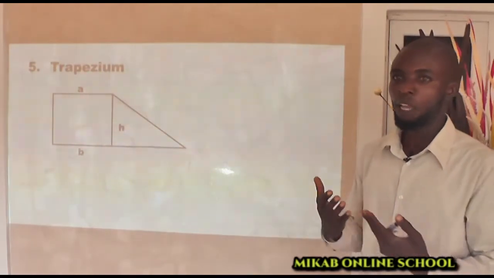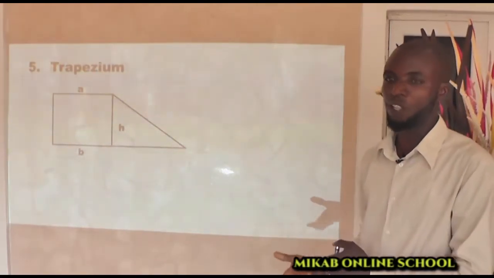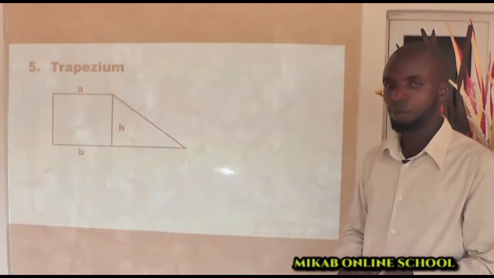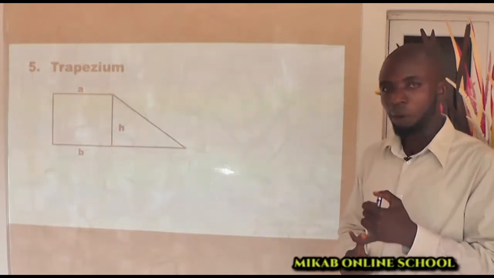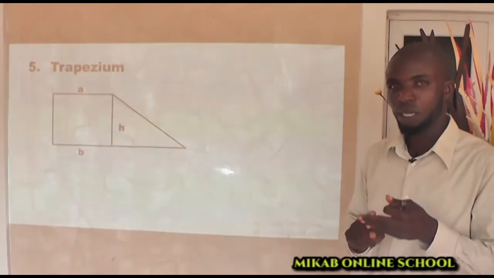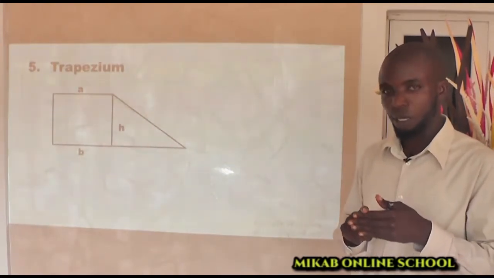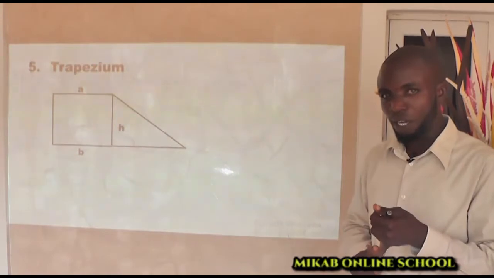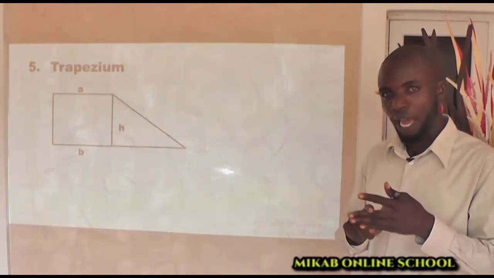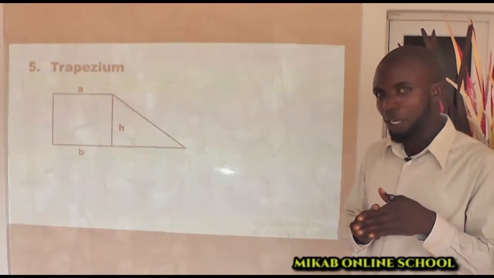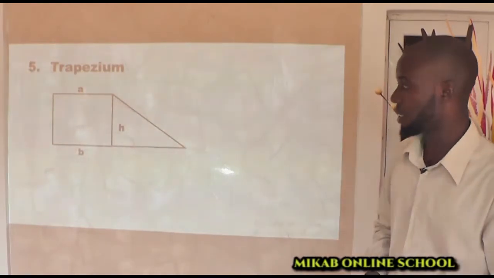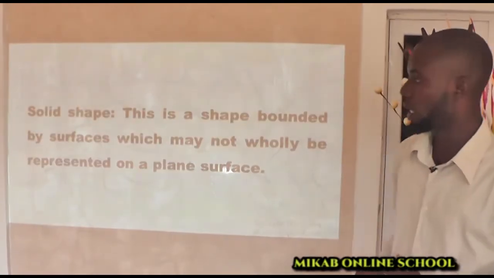So, if you are to give examples of these plane shapes, you are going to mention triangle, square, rectangle, circle, trapezium, rhombus, kites, parallelograms, and the likes. The next one we shall look at is solid shapes.